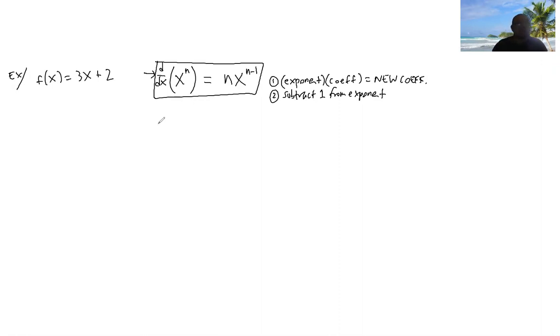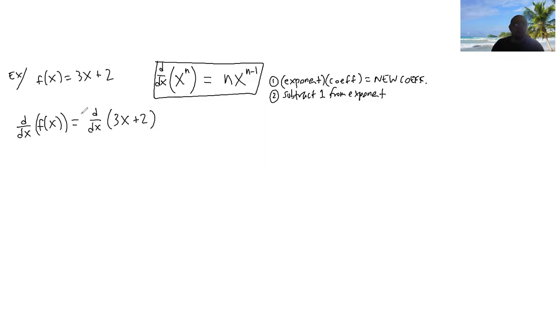Sweet. So when you were trying to find the derivative of this function using the power rule, right, you were essentially trying to do this. Find the derivative with respect to x, right, of your function f of x. And that was the same thing as finding the derivative with respect to x of this entire right side, right? So 3x plus 2.